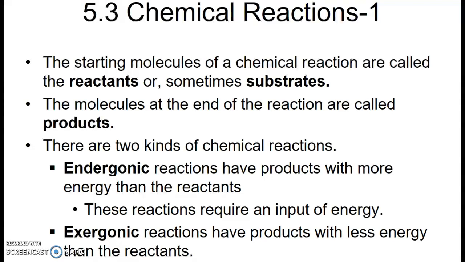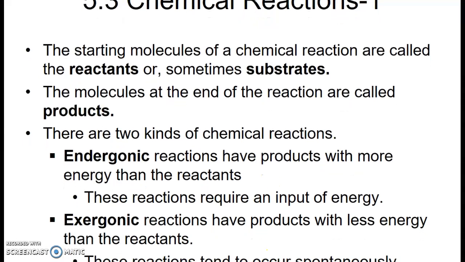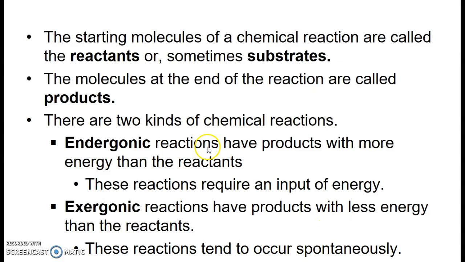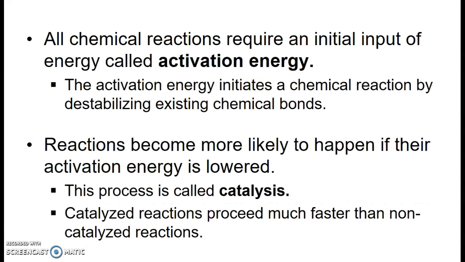And in endergonic reactions, the reaction requires an input of energy in order to go forward or in order to happen. And then the second type of reaction I wanted to bring your attention to is called an exergonic reaction. Exergonic reactions have products that have less energy than the reactants. And exergonic reactions release energy, so they don't take an energy input in order to occur.